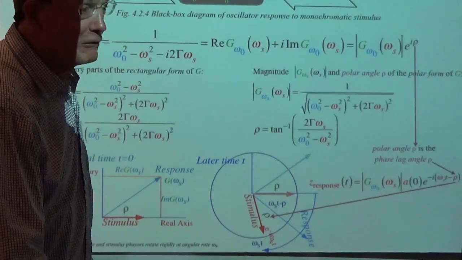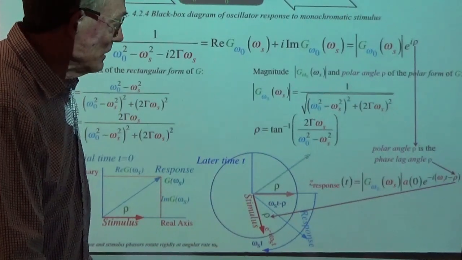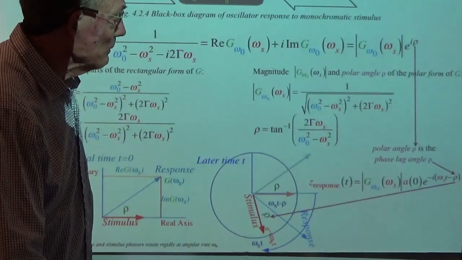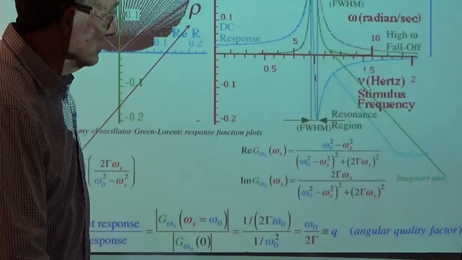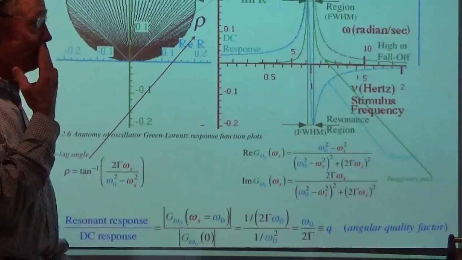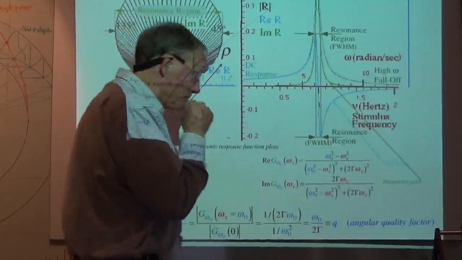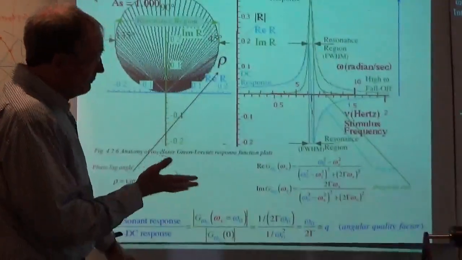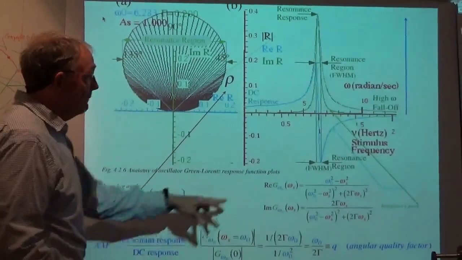Well, we probably have to see a few examples to get the picture here. And they're quite spectacular. Now, before we do that, I thought we ought to just plot these real and imaginary parts.